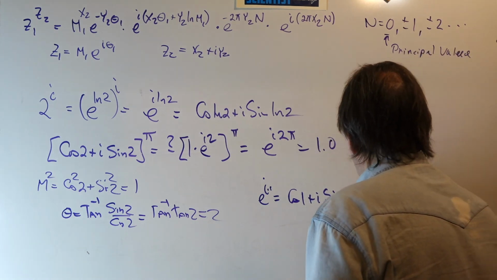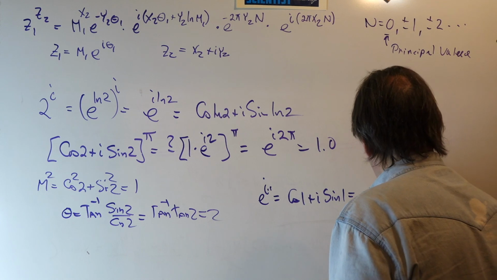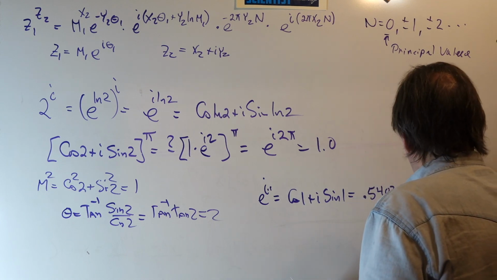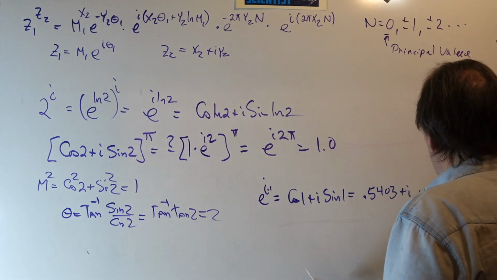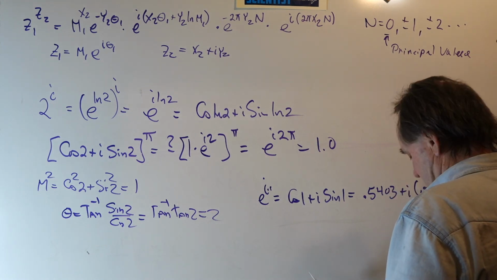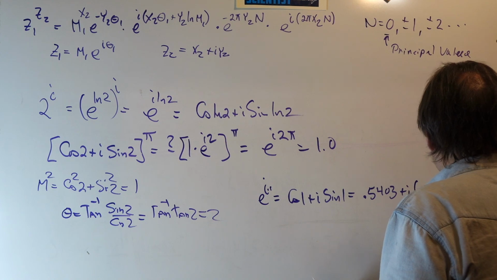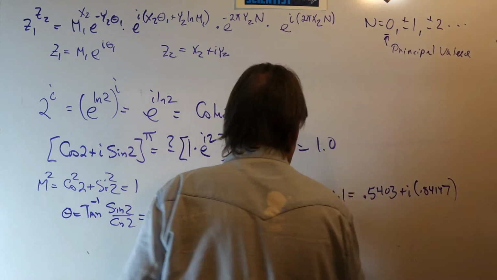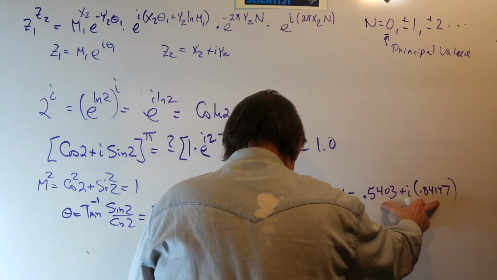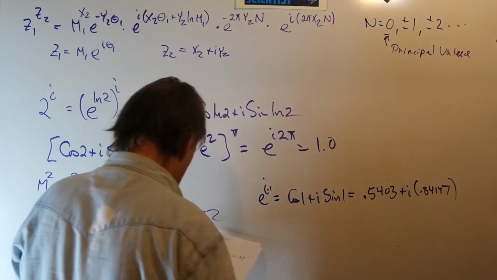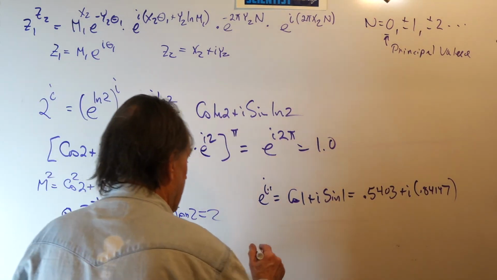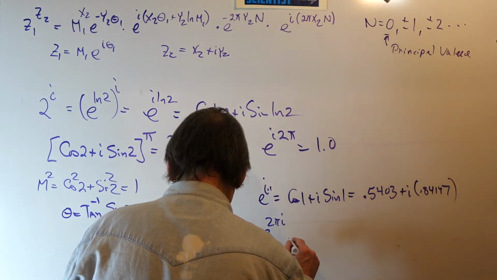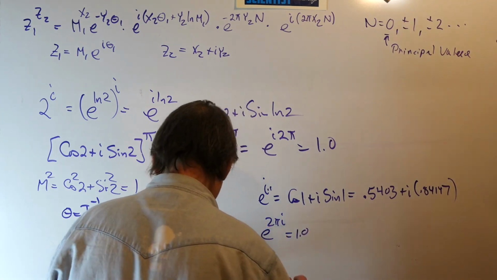Well, the cosine of 1 is 0.5403, and the sine of 1 is 0.84147. So e raised to the i power has this value, and e to the 2 pi i we know is 1.